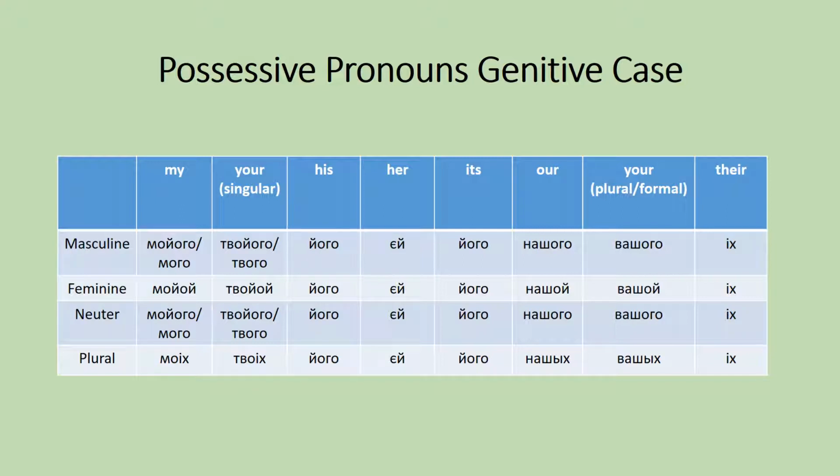Your singular is tvojoj. His is yoho. Her is yay. Its is yoho.